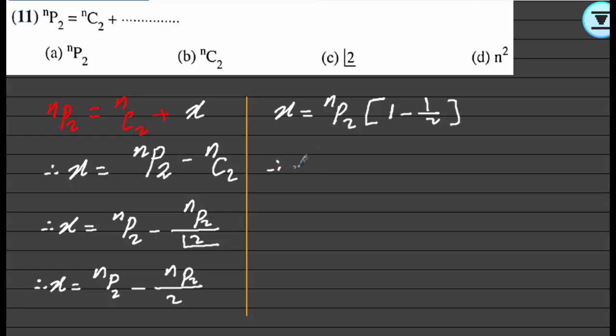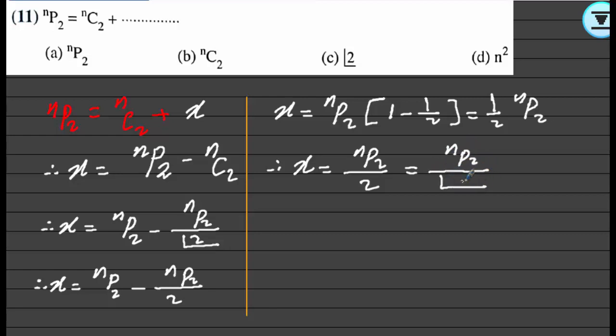So X equals half NP2. And NP2 over factorial 2 equals NC2.